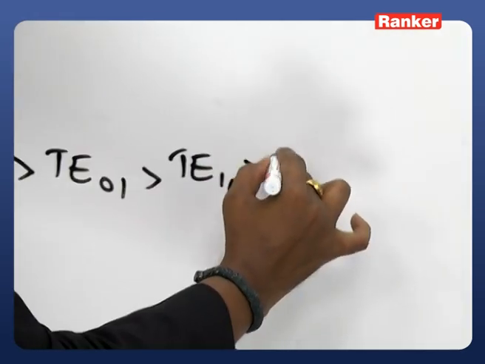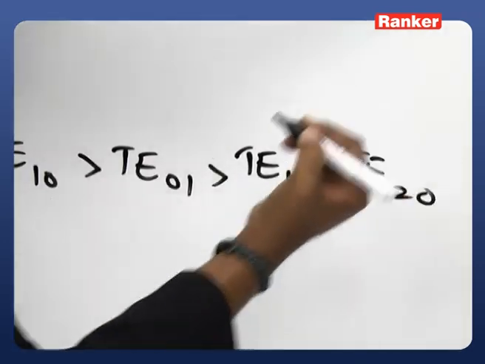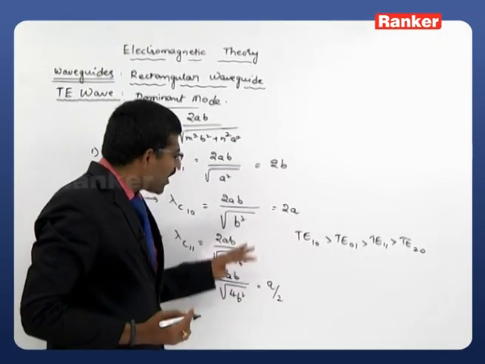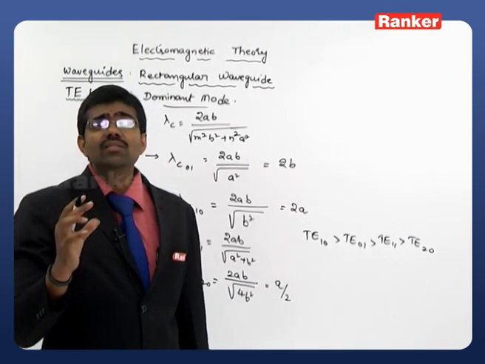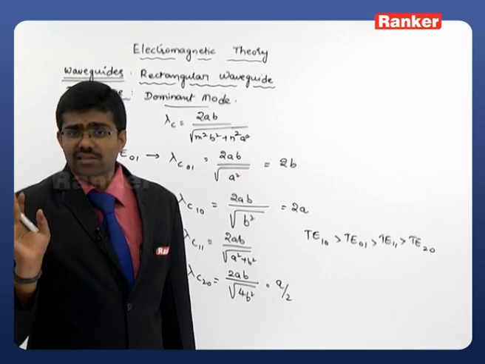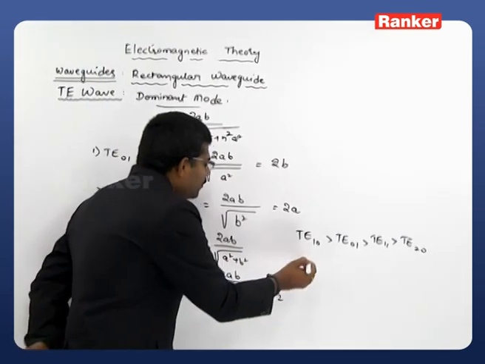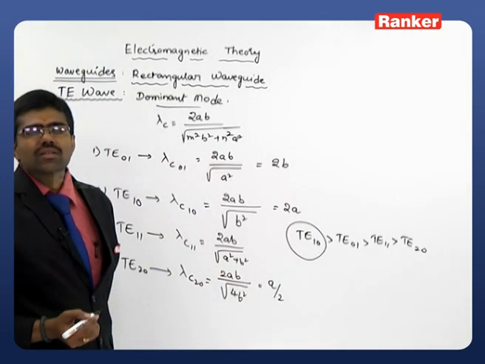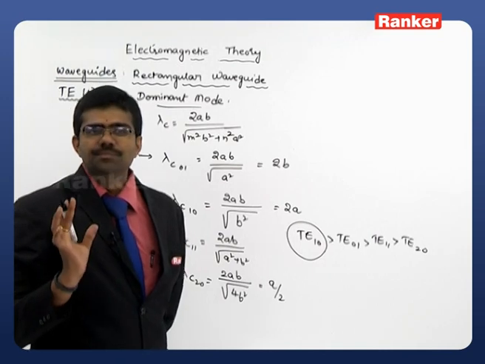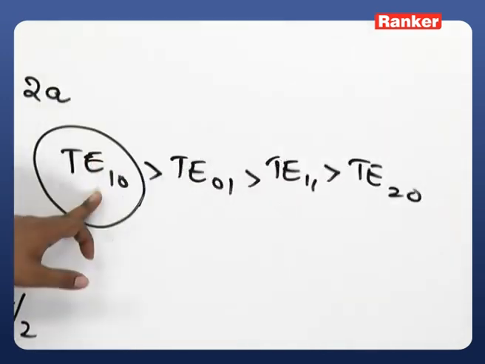TE11 is greater than TE, and what is the last mode that we have examined? TE20. And further higher are all the modes, the cutoff wavelength, it's not the frequency, cutoff wavelength is very less, right? So if you examine, obviously this TE10 mode only will have the highest cutoff wavelength or the least cutoff frequency. So that's why this is said to be the dominant mode.